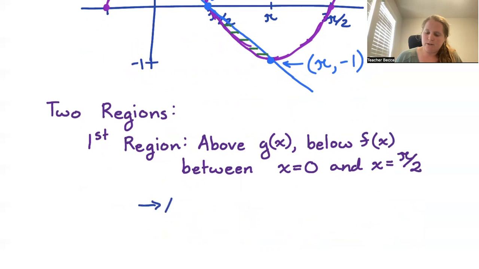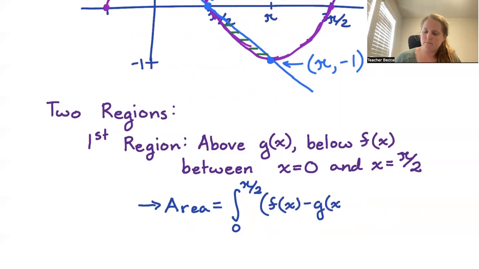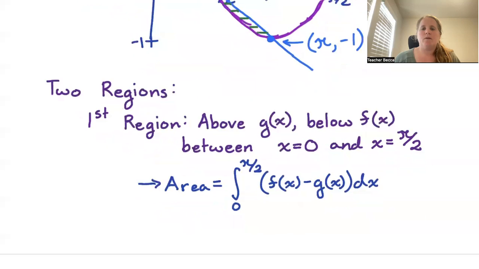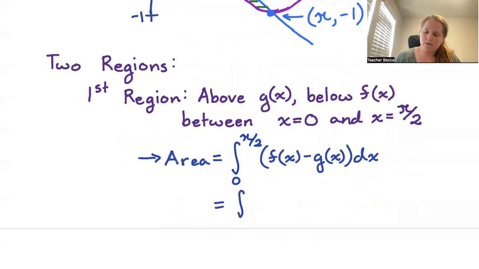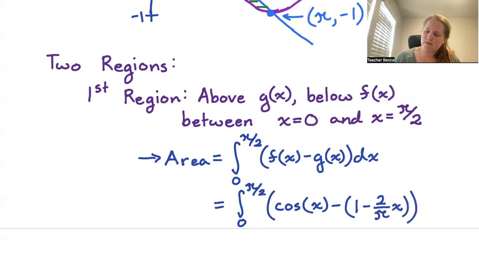So the area for the first region, we would be looking at the integral from 0 to pi over 2 of f of x minus g of x, top minus bottom, dx, otherwise known as the integral from 0 to pi over 2 of cosine of x minus, in parentheses, 1 minus 2 over pi x, and then dx.